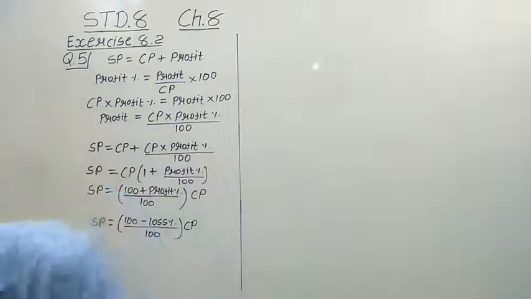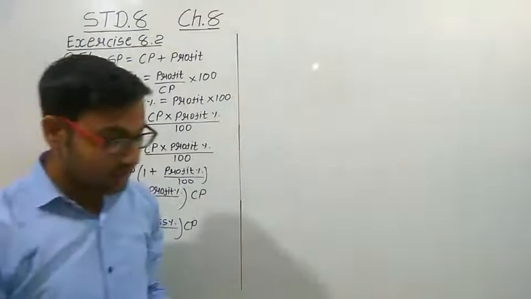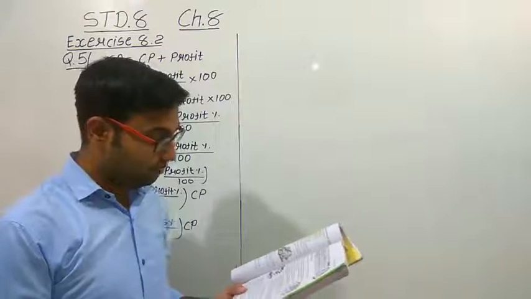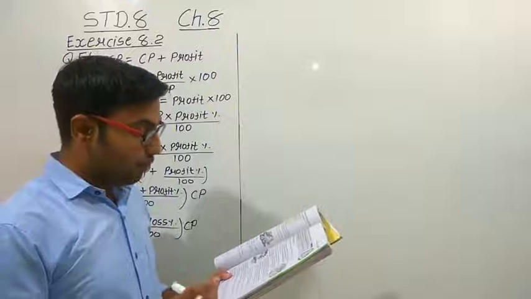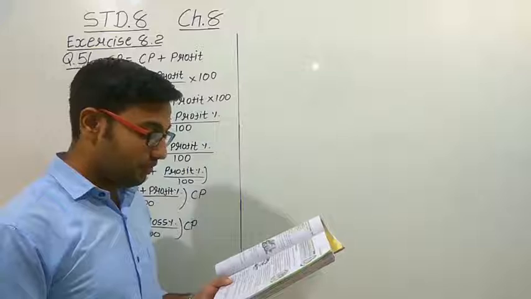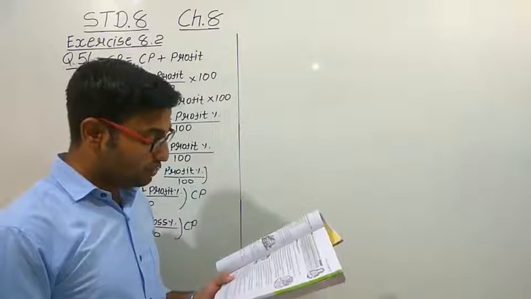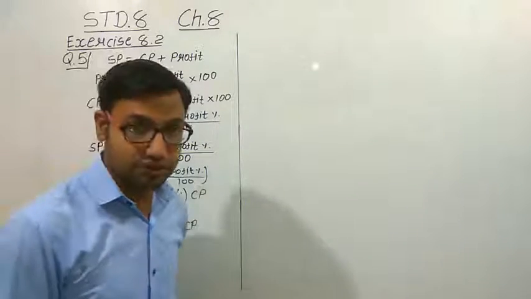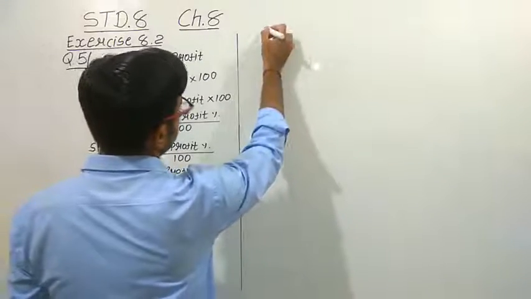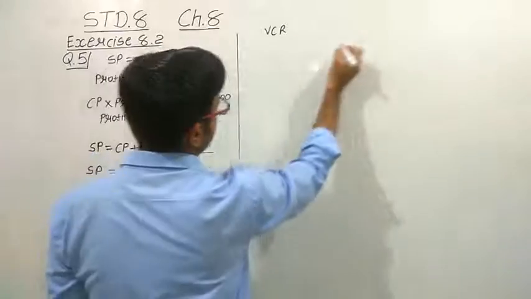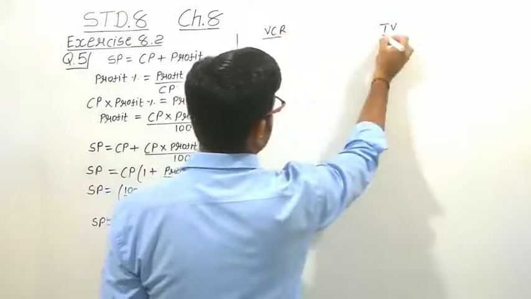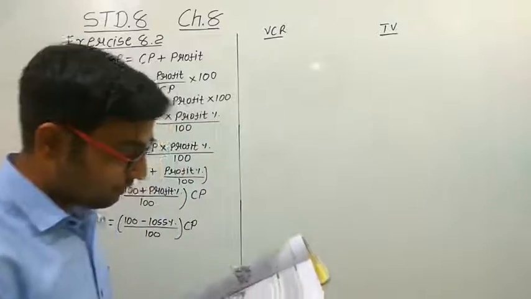What is the question? A VCR and TV were bought for rupees 8,000 each. The shopkeeper made a loss of 4% on the VCR and a profit of 8% on the TV. Find the gain or loss percentage on the whole transaction. See, two things are there. First is VCR, second one is TV, television.